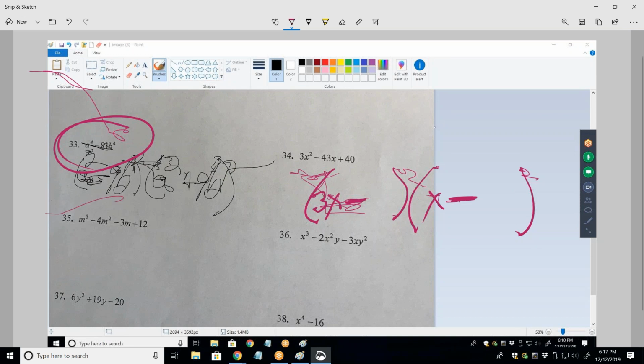Now again, we're back to factors of 40. Let me go over here on the left and break 40 down: 20 and 2, 10 and 4, 5 and 8. I think that's it. Which two am I going to try for starters?